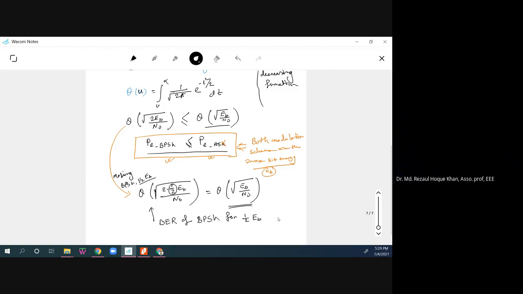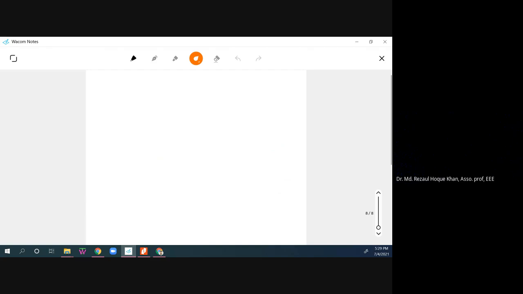That's the conclusion: for the same bit error rate, BPSK needs 50% of the energy per bit EB. So by using 50% energy per bit, BPSK gives the same performance as ASK, which is very impressive. It only spends half of the energy.